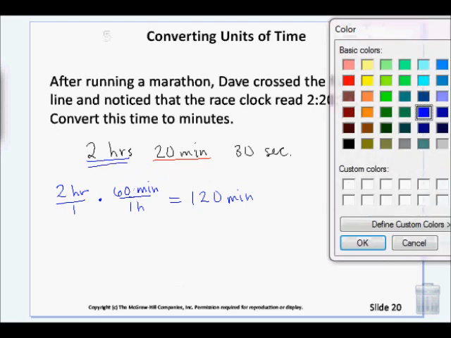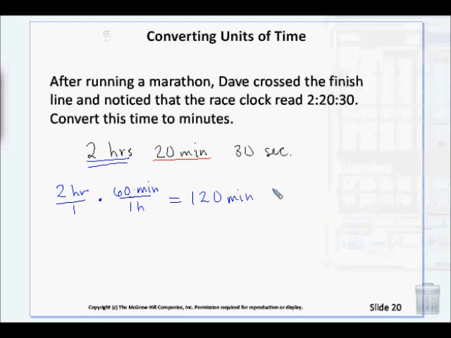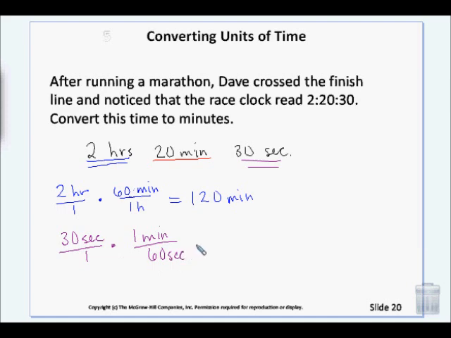Now we also need to do this 30 seconds. So if I start with 30 seconds, 1 minute has 60 seconds in it. So that would be 30 over 60, which would be 1/2, but I'm going to write it in decimal form.